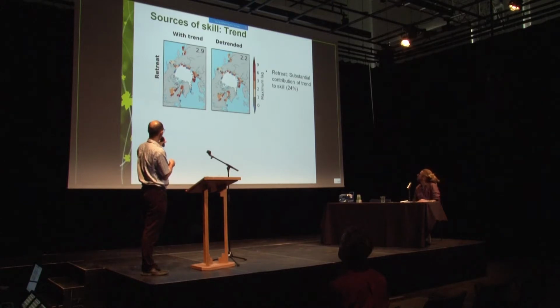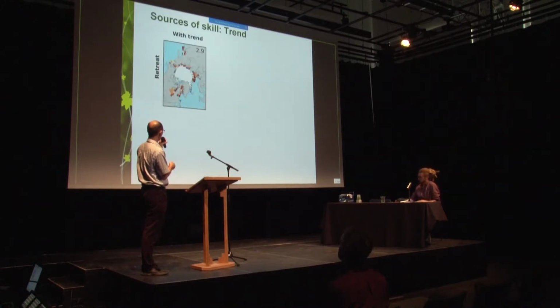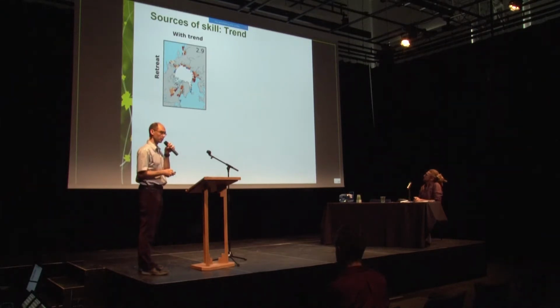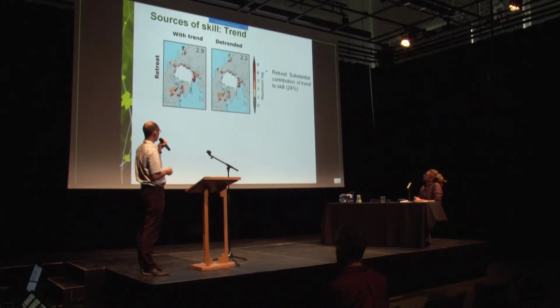This is the maximum lead time of significant skill for the retreat dates with the trend. If you detrend the observations and detrend the model, and then redo this calculation, you get this plot. The maximum lead time of skill drops to 2.2 months on average.